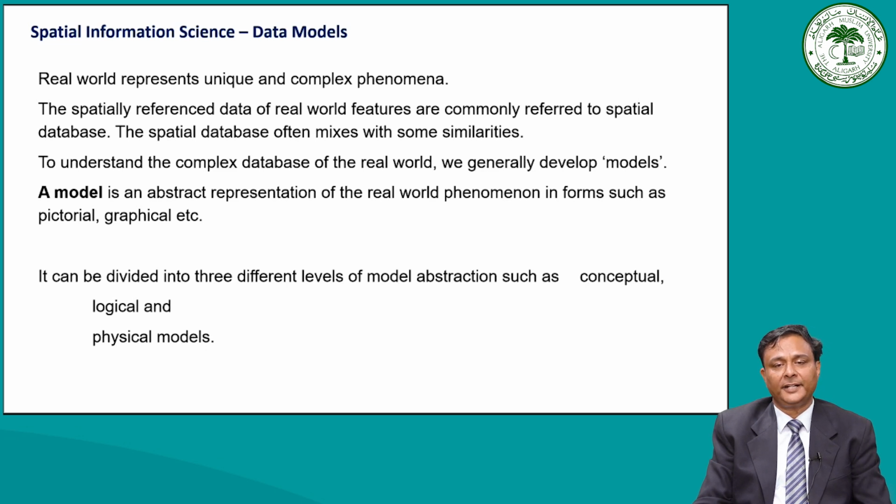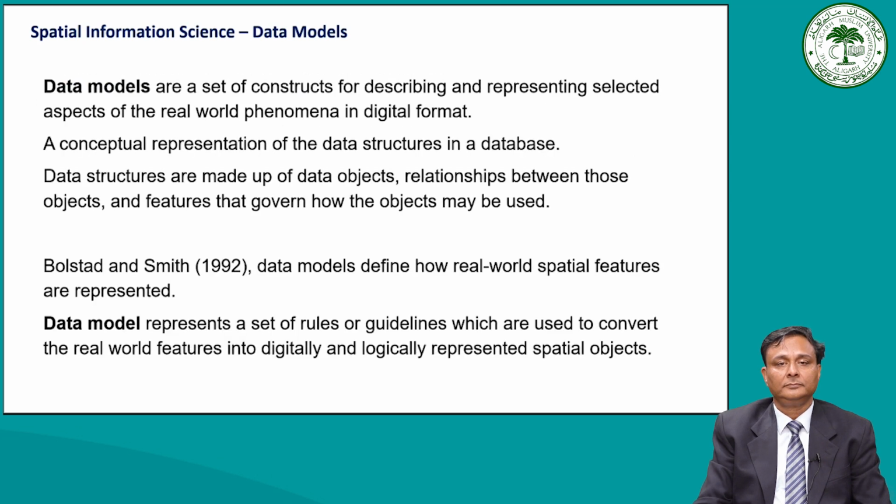We select different types of models for the purpose of analysis based on the availability of data, which is generated and stored as a spatial database. So the data model is the core of spatial information science, which gives a set of constructs for describing and representing selected aspects of the real world phenomena, more importantly in digital format.